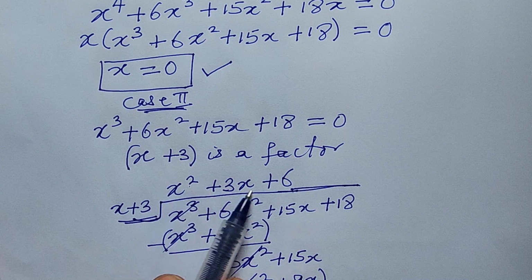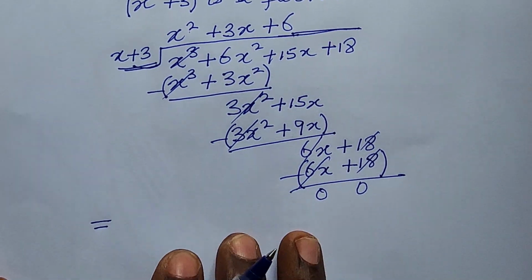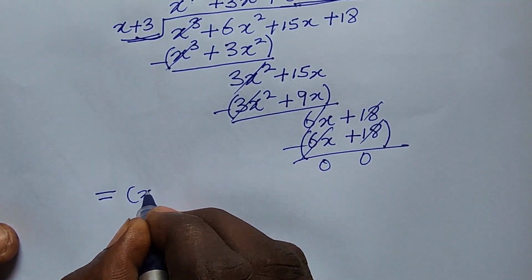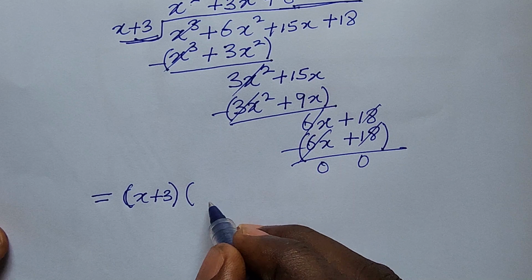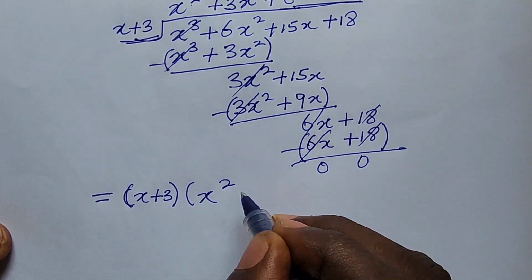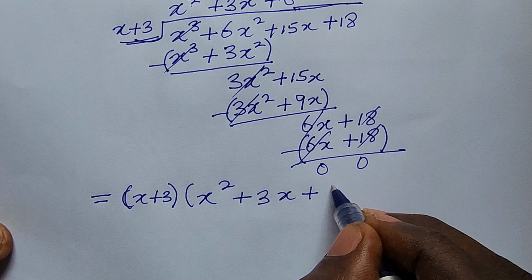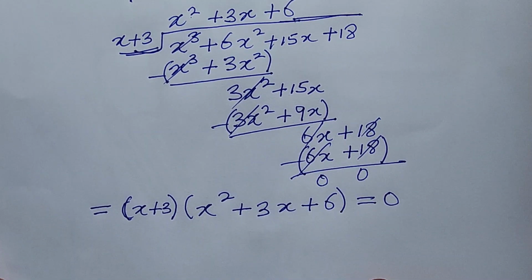So let's bring out the quotient now. This shows that we're going to have our factors. We have x plus 3 first, then the next one, we have the quadratic equation x squared plus 3x plus 6 equal to 0.